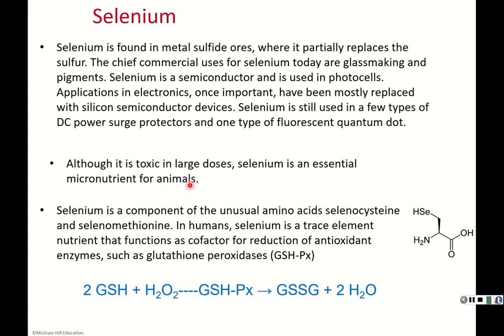Why we need it is it's a component of some unusual amino acids, selenocysteine and selenomethionine, where the sulfur in the normal amino acid has been replaced by selenium. It's used in enzymes to reduce hydrogen peroxide, which is very reactive and damaging, into water.